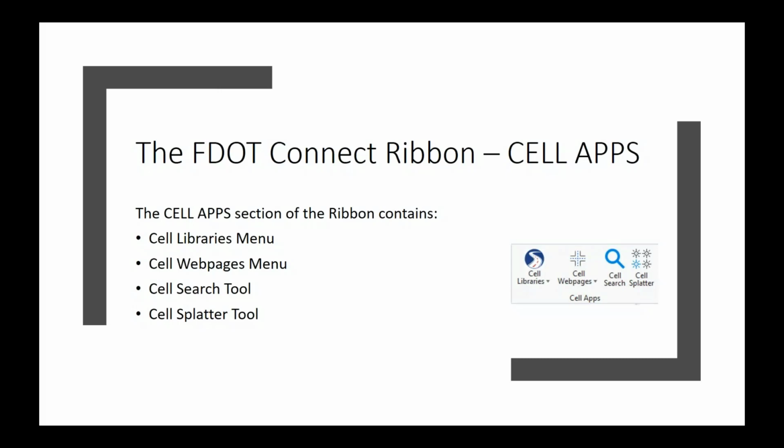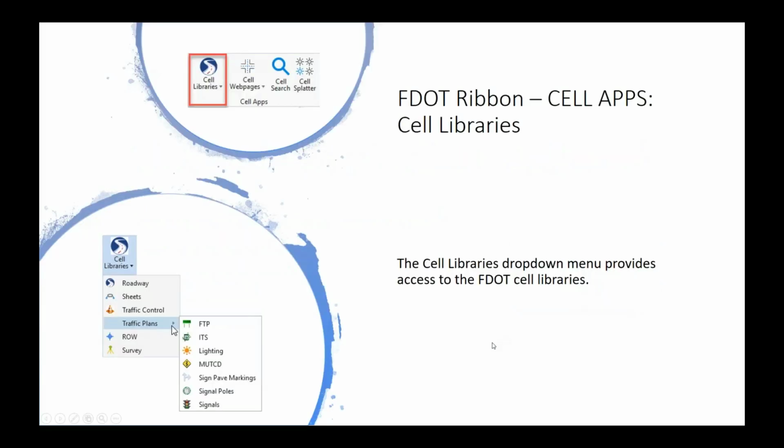the Cell Libraries menu, Cell Webpages menu, Cell Search, and Cell Splatter tool. The Cell Libraries drop-down menu provides access to the FDOT cell libraries. Selecting a cell library from the drop-down will open the cell library dialog and automatically attach that selected cell library. As you can see, this includes cell libraries for roadway, sheets, traffic control, right-of-way survey, and a number of traffic plans related cell libraries.